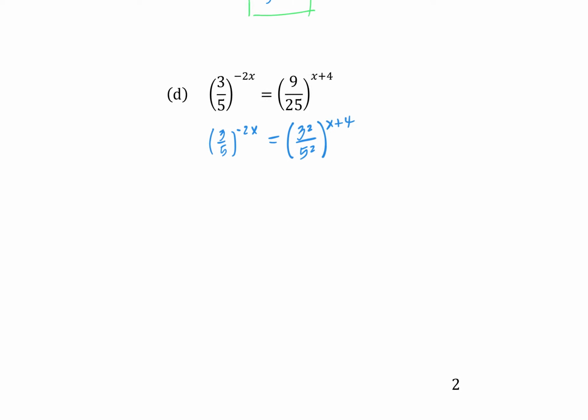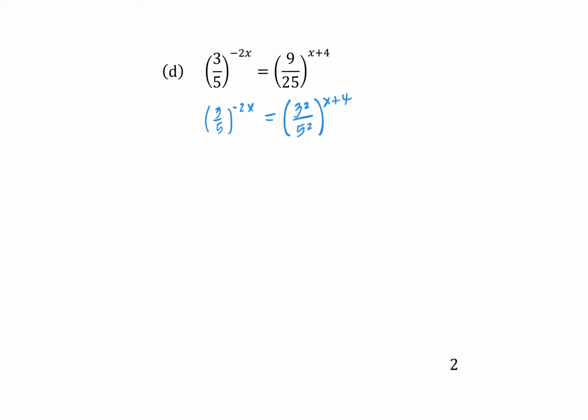So notice that properties of exponents, now I'm working on the right, that's 3 over 5. I can take the square out since it's the same exponent in the numerator and in the denominator. So this whole 3/5 squared is to the x plus 4 power. And on the left, it's still going to stay the same for now.